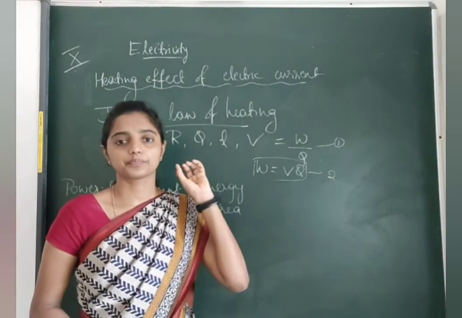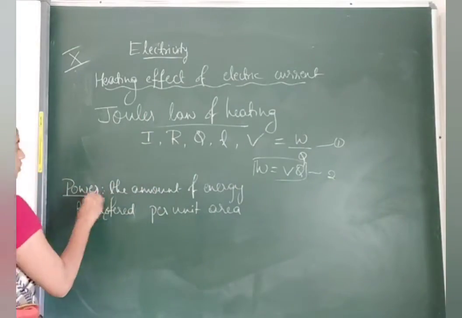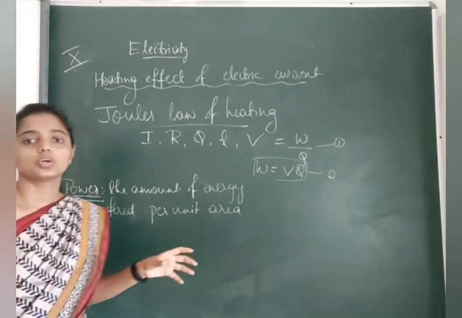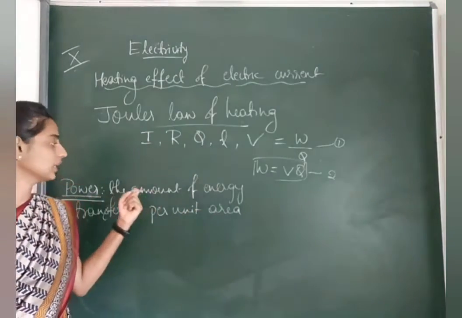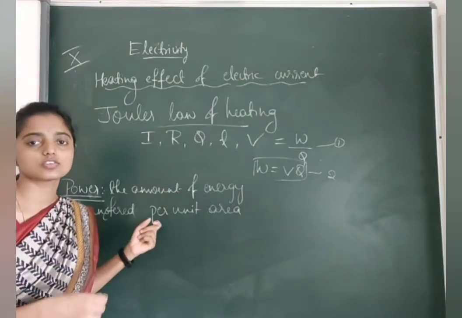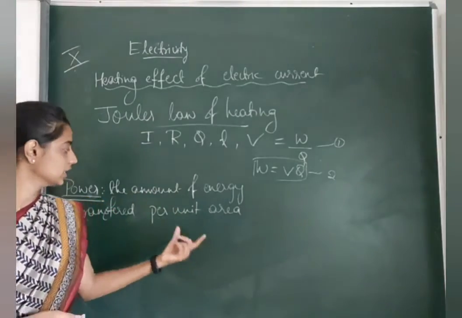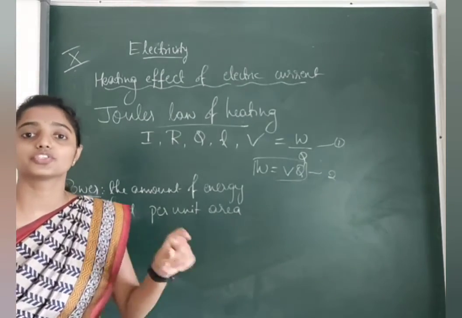Now let us involve one more topic, that is power. You already know different definitions of power. In this topic, let us take power as the amount of energy transferred, or we can also say consumed or converted, per unit time. This is the definition of power, which you should know, okay?